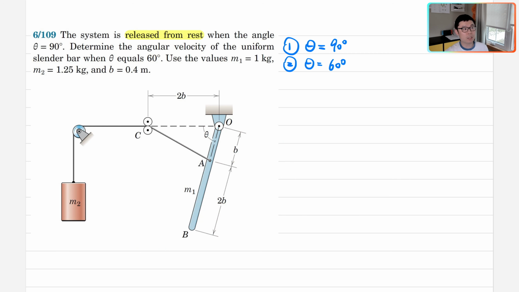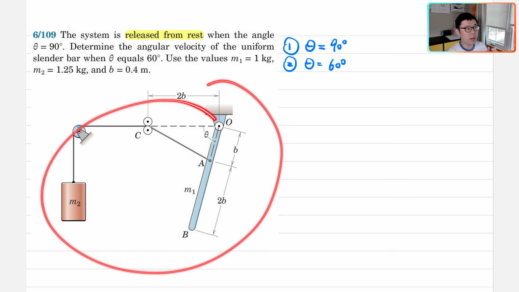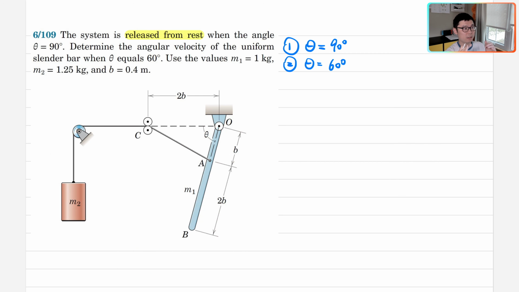Again, with energy equations, you want to set up your datum. In this case, where do you want to set up your datum? You can set up your datum right here at this snapshot. When multiple things are moving, especially in this case involving angles, the best practice is to set up a datum using an angle here.